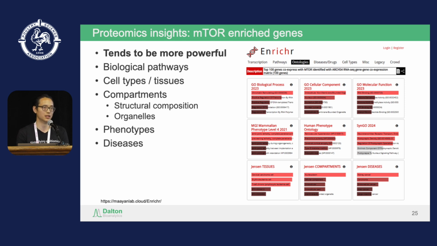It can tell you where these proteins are located in the cell, which organelles, what diseases or phenotypes it might be associated with in other studies. So it's quite powerful. And importantly, the diseases and phenotypes signatures, this applies to all omics, really. So in proteomics, it's really the genetic information that you benefit from.